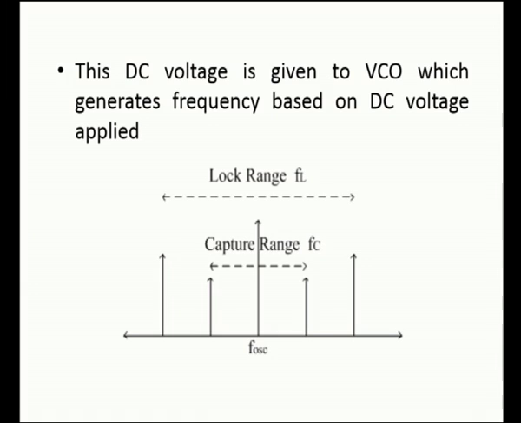If the input signal is outside the lock range, that is, if you provide a frequency outside this value, the PLL will never be able to track it, and you won't get an exact replica of the modulating signal. So, whatever signal you give as input should fall within the lock range of the PLL. Within the lock range, the error produced is trying to get corrected.